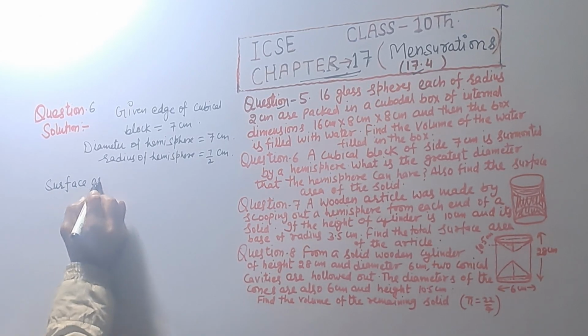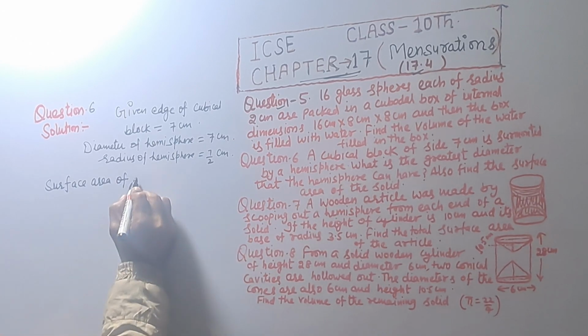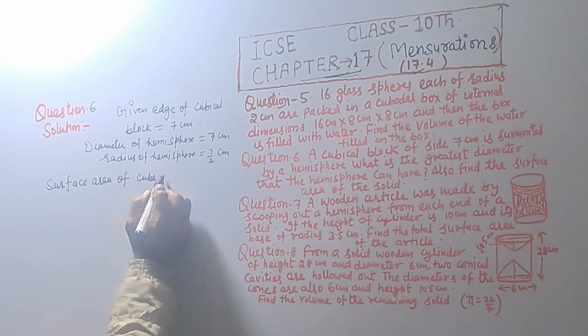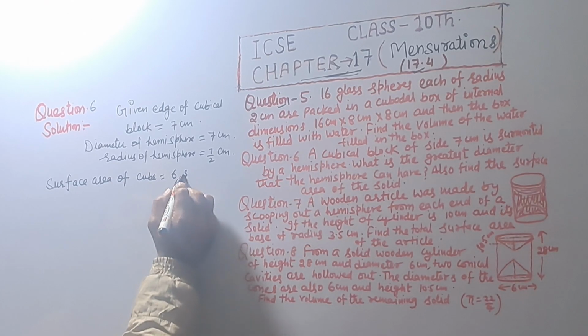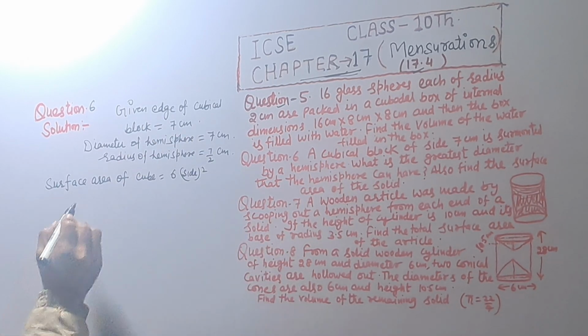Surface area of cube is equal to 6 into side square, that is 7.